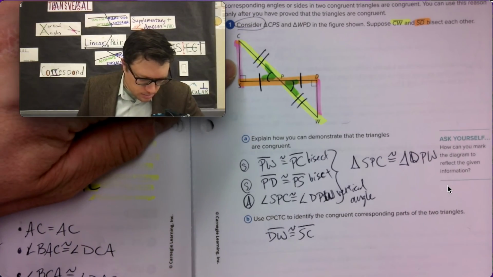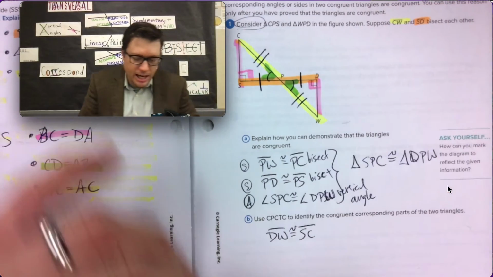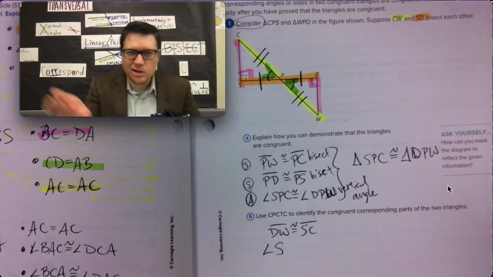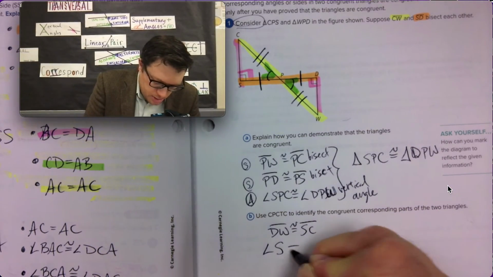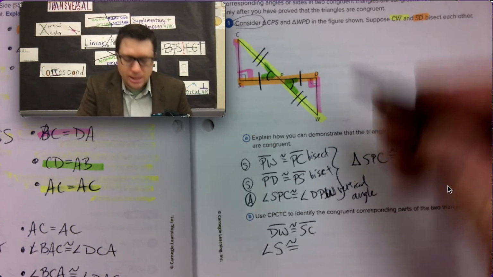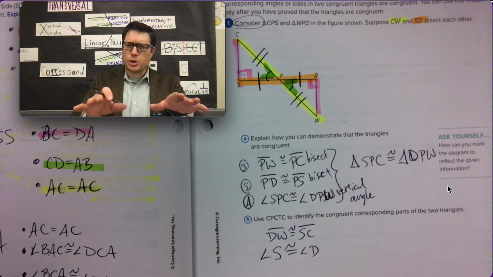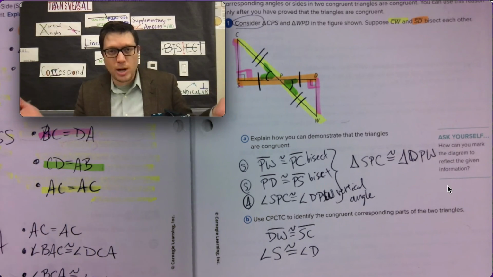Next, I haven't talked about this angle, this 90-degree angle at S and the 90-degree angle at D. So angle S, I just have to use one letter S, there's no other angles made right there, is congruent to angle D. For another reason, they're 90 degrees. But because the triangles are congruent and those 2 angles correspond, that's why they match.